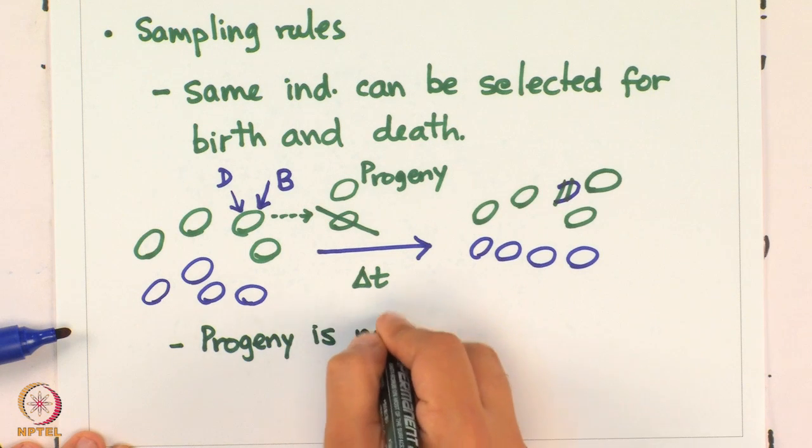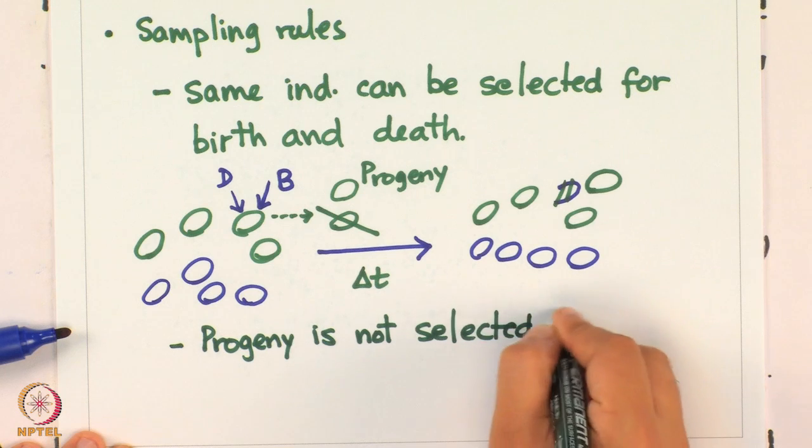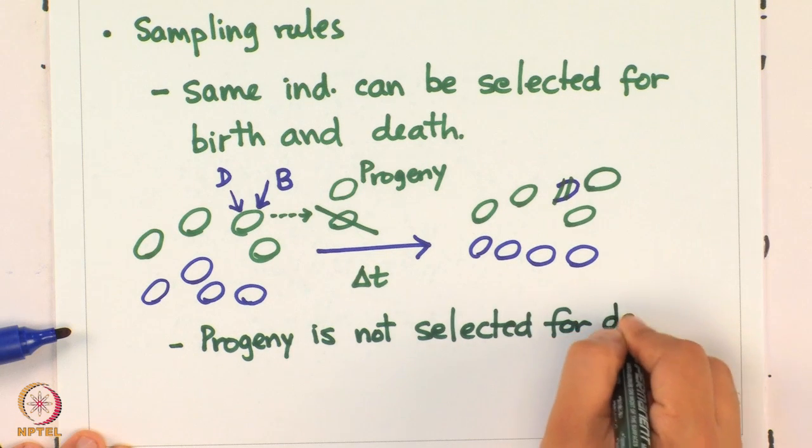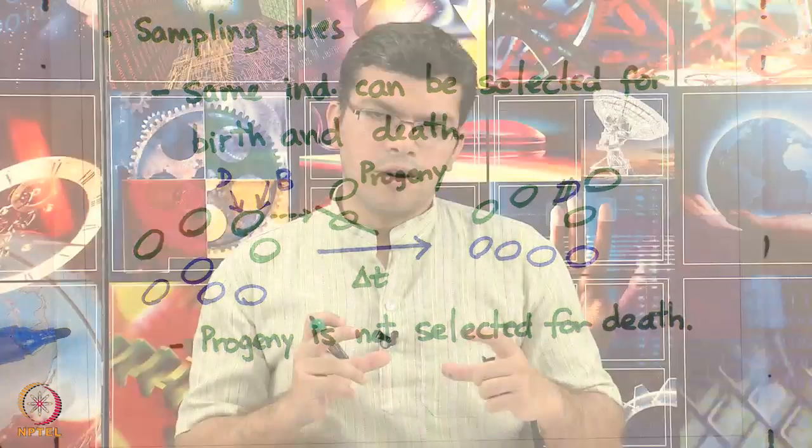The other rule is that the progeny is not selected for death. So the progeny never gets selected for death. An individual, when it's selected for birth, is selected from the n individuals that existed in the population prior to division, and when an individual is selected for death, it is also selected from those n individuals that were present prior to the birth of the progeny.